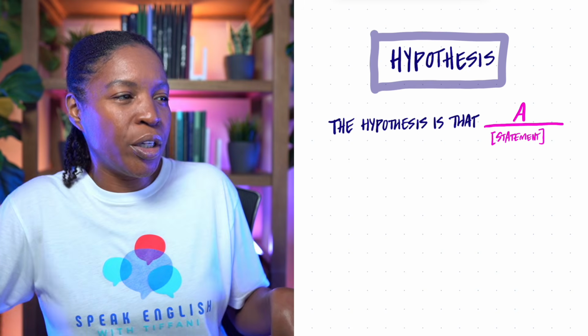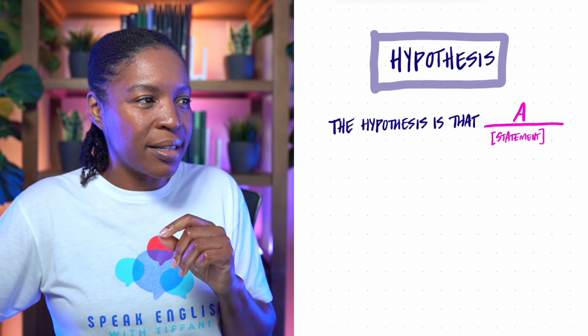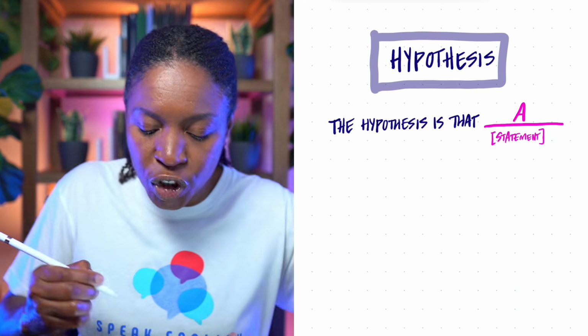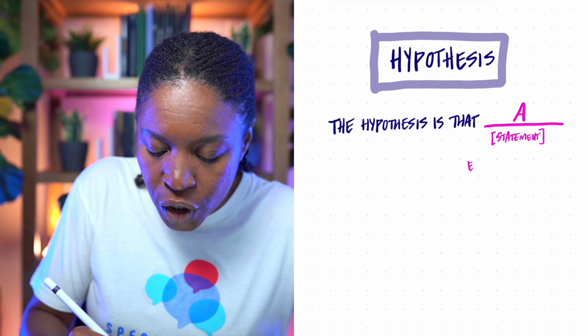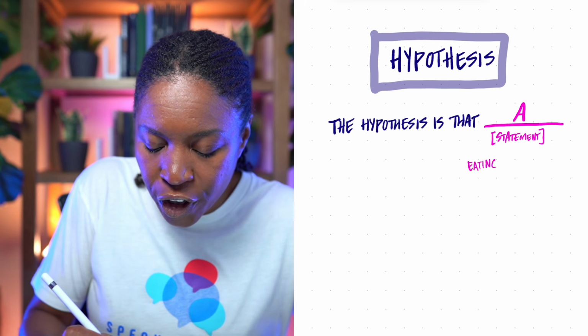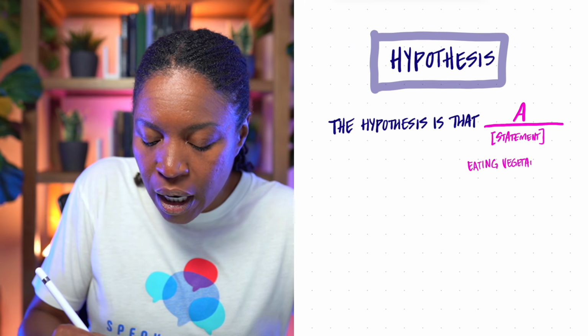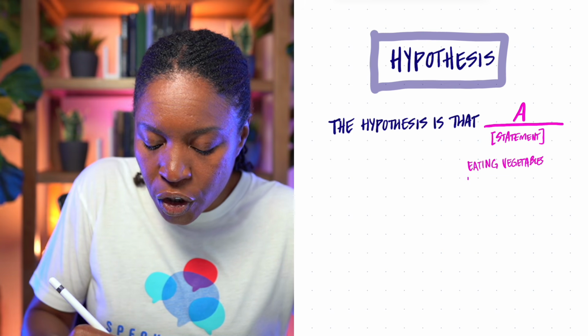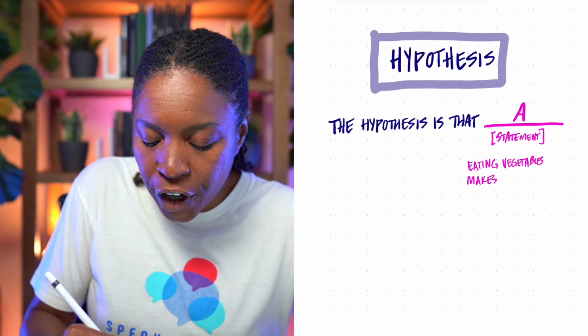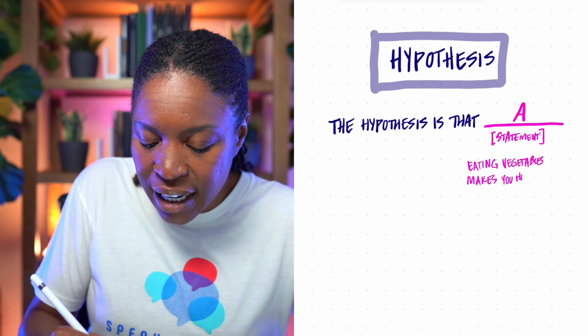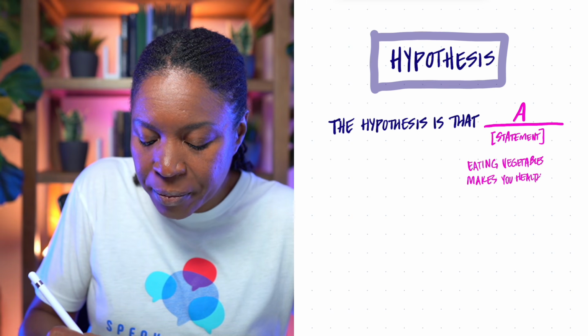Here's the first one I want to use for hypothesis. Let's say eating vegetables makes you healthier. Here we go. Eating vegetables makes you healthier. All right. This is a statement. All right.